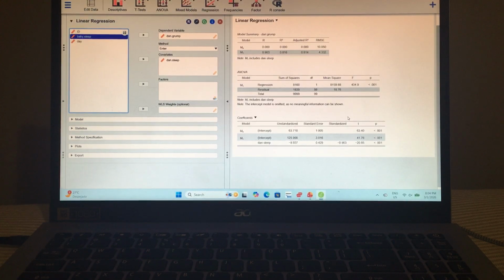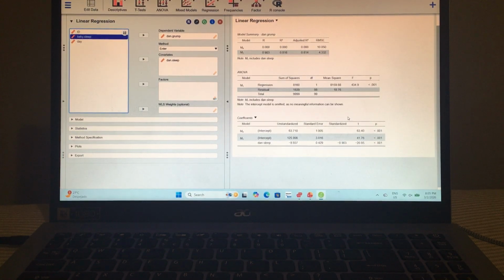These are the hypothesis statements being tested for the slope. So the null hypothesis is that beta 1 equals 0, and the alternative hypothesis is that beta 1 does not equal 0. So in our output, the test statistic for our slope can be found in the row labeled with our independent variable, Danny's sleep.